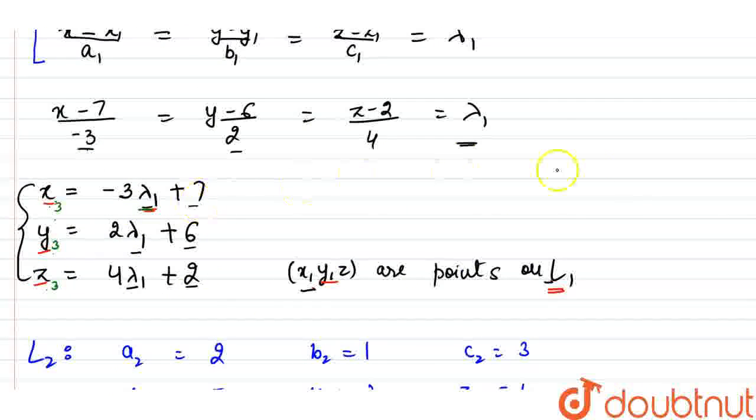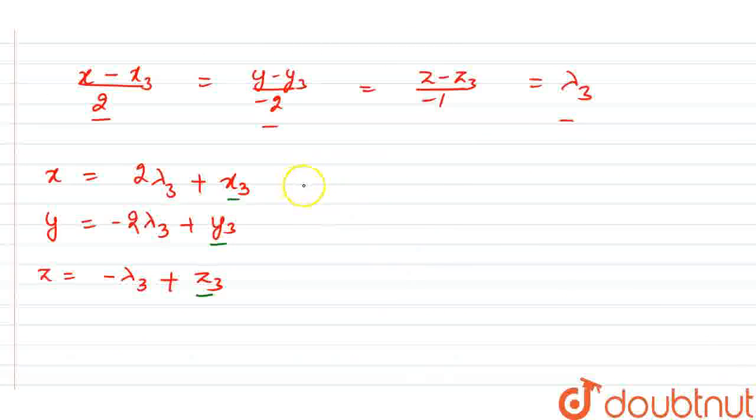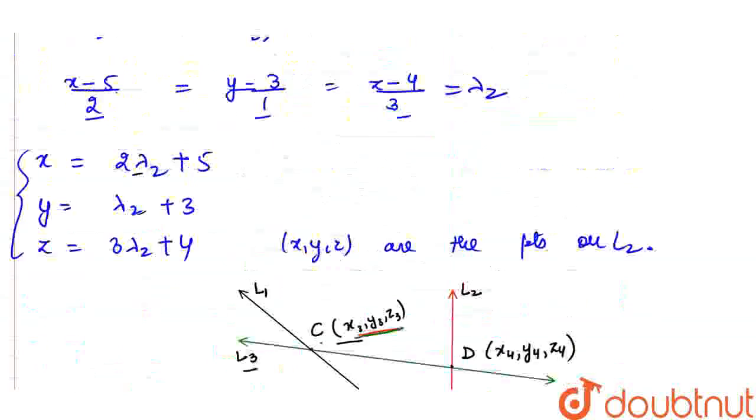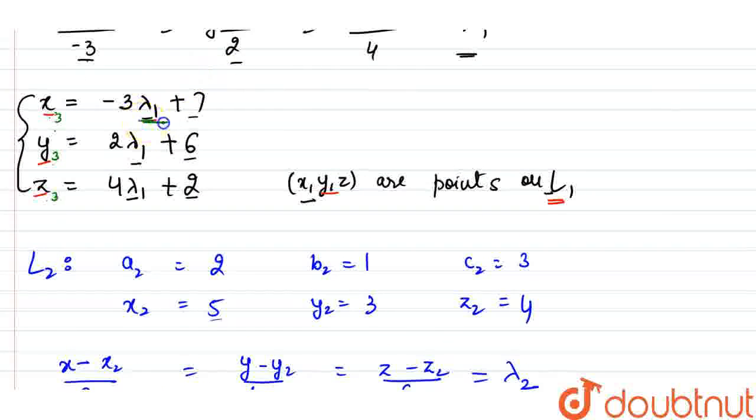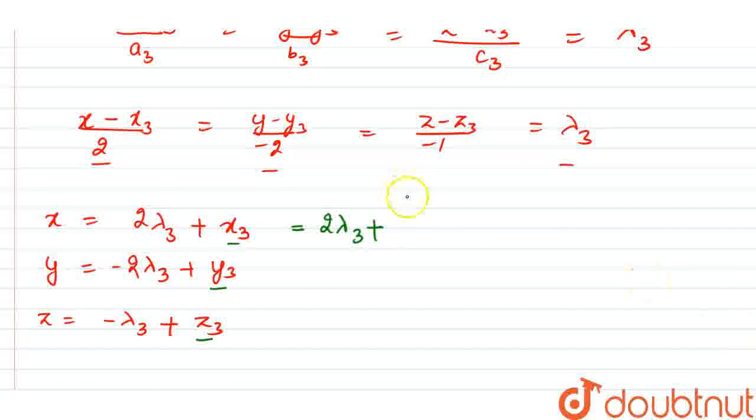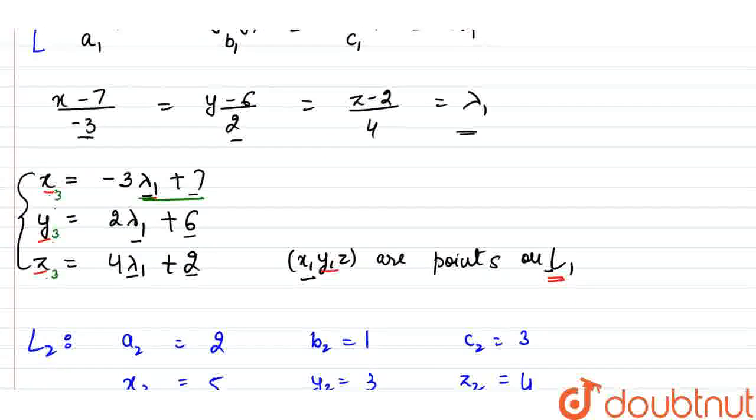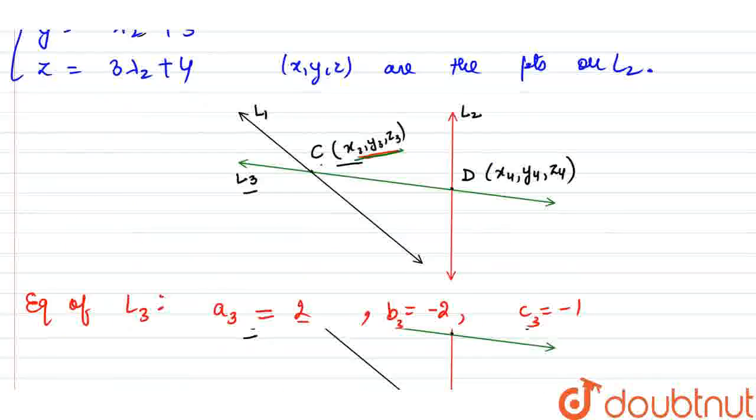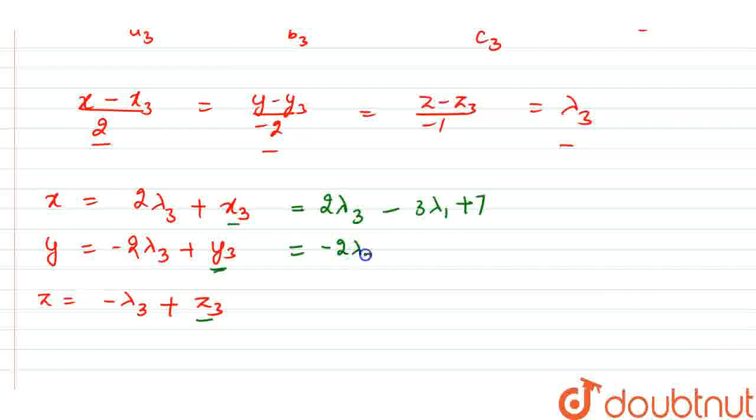So x is minus 3 lambda 1 plus 7. We can put it here to find the value of x. So 2 lambda 3 plus x3 is minus 3 lambda 1 plus 7. For y, minus 2 lambda 3 plus y3, where y3 is 2 lambda 1 plus 6.